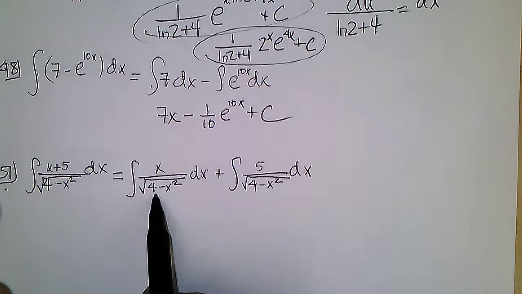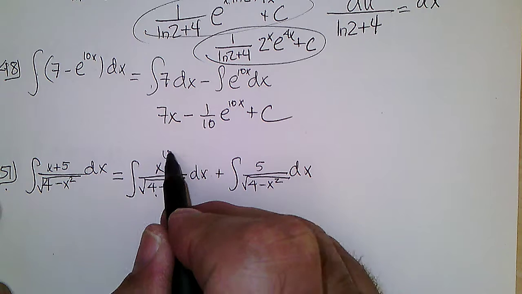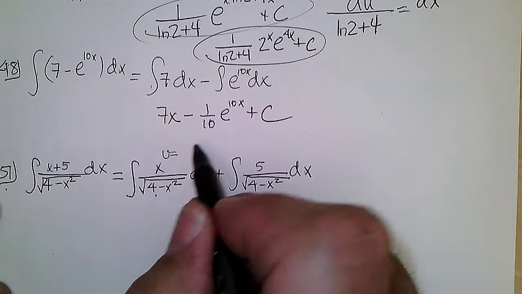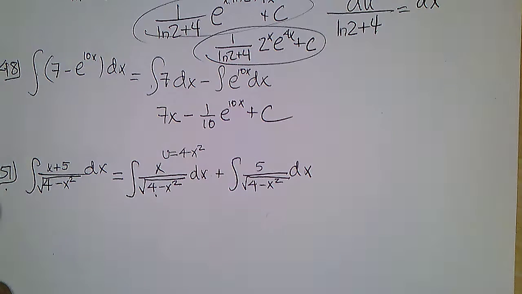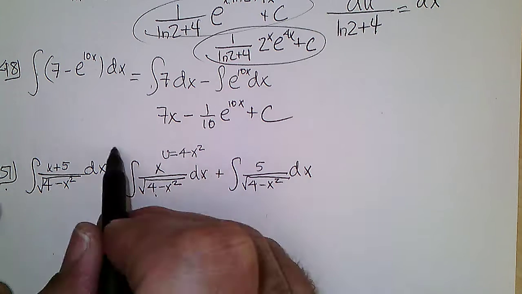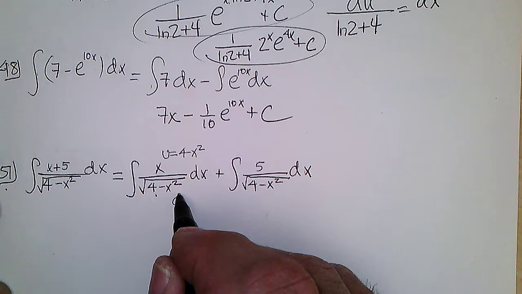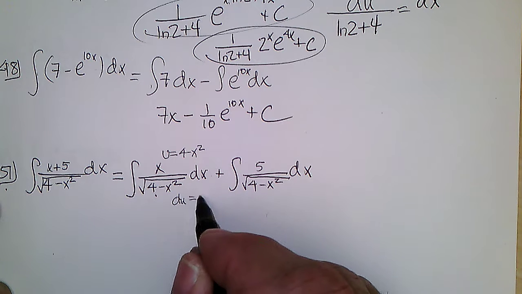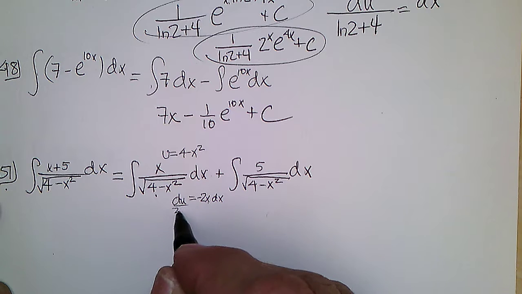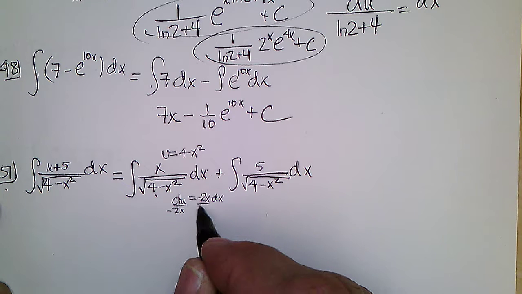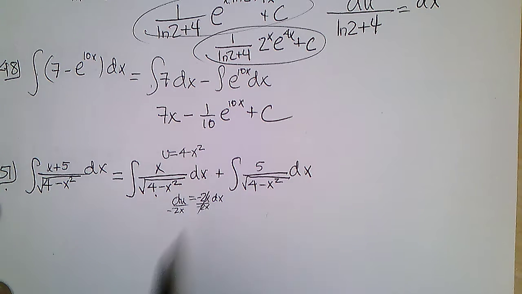And for this one, we're going to let u equal 4 minus x squared. So du would be minus 2x dx, and so I divide by minus 2x to find out what to put in for dx.